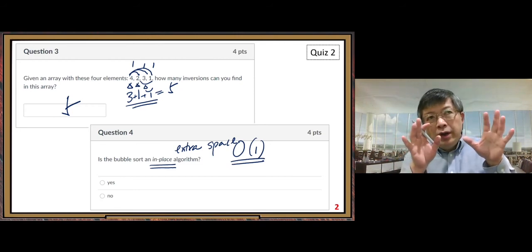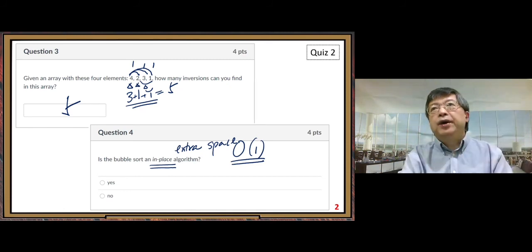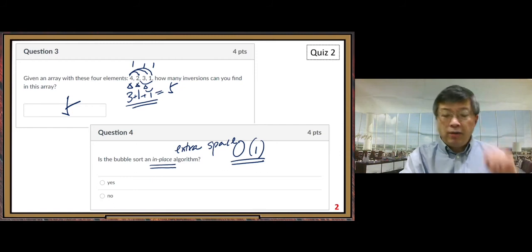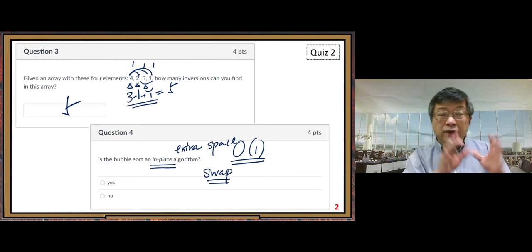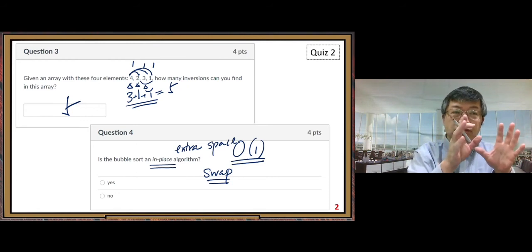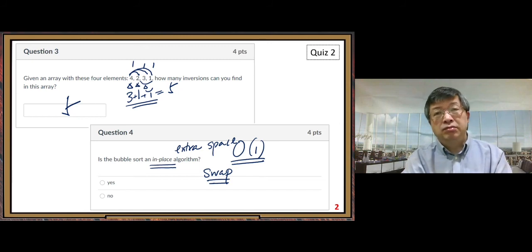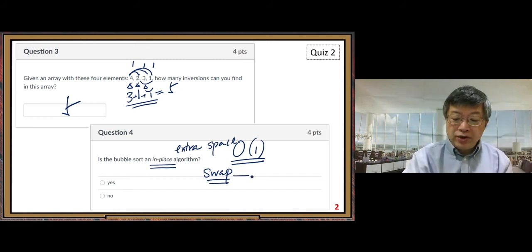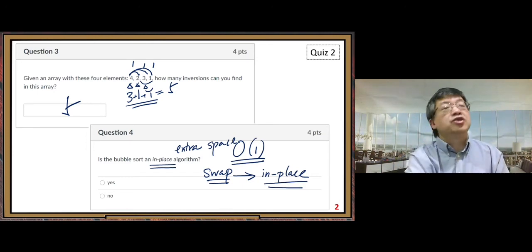All right. For bubble sort, let us look at the main operation, the swap operation. Every time you find a local inversion, two adjacent elements, you do a swap operation. Is that swap operation in place? The swap operation just uses 1 extra storage space.